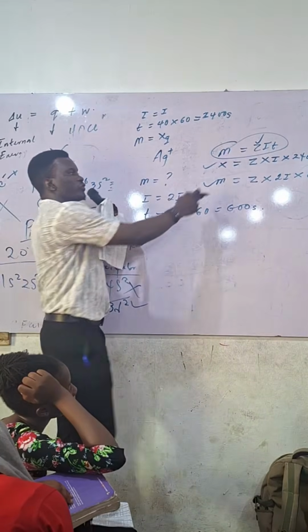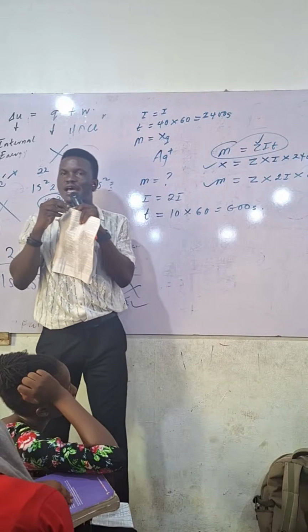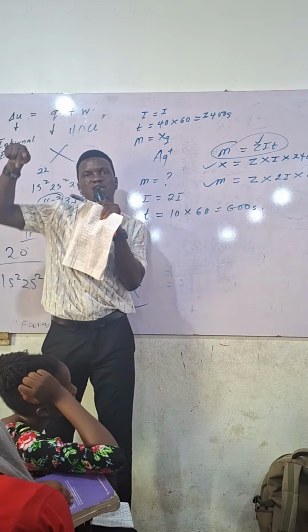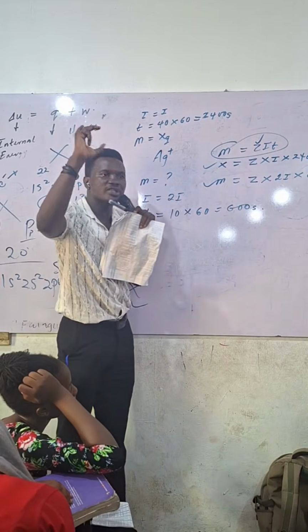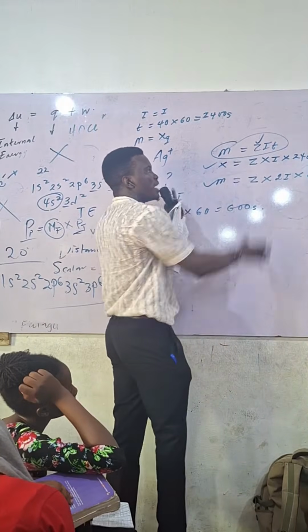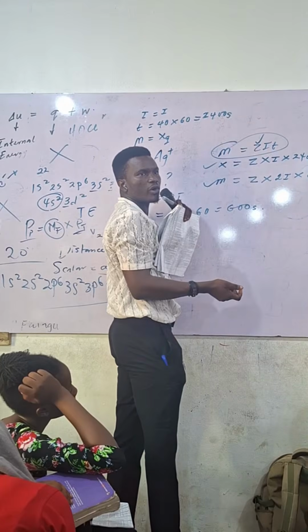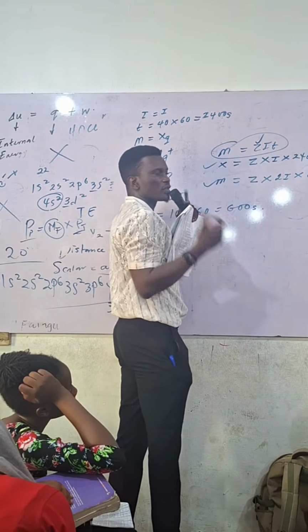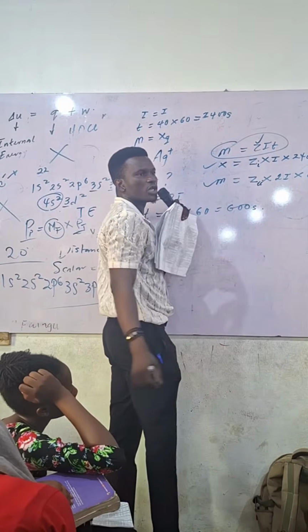I told you, anytime they are comparing two things, let your brain always think that something is common to them. What is common to them is a constant, Z. So make Z the subject of the formula in both and equate them.